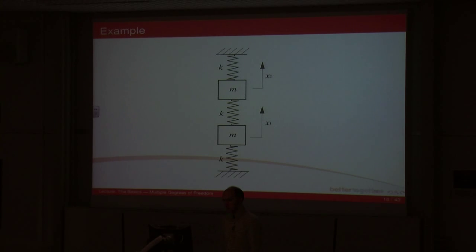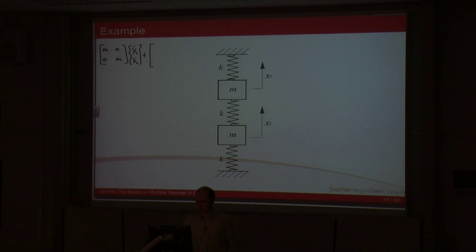So straight away, we can solve for the equation of motion. Let's do it. Quick method. M, 0, 0, M, times x1 double dot, x2 double dot, plus our stiffness matrix. The first diagonal is the sum of the stiffnesses between mass 1 and the ground and another mass, so that's going to be 2k.